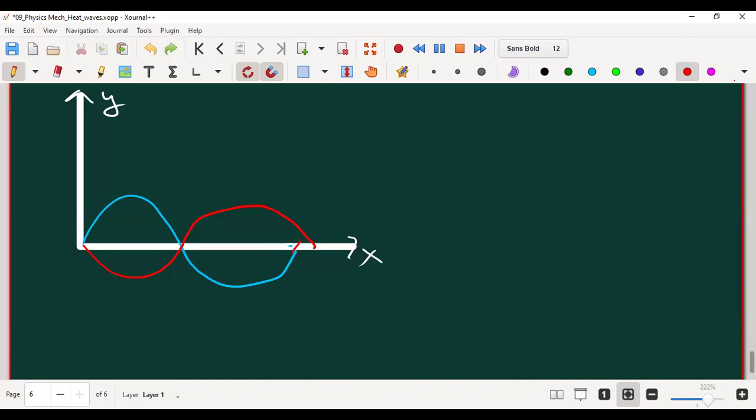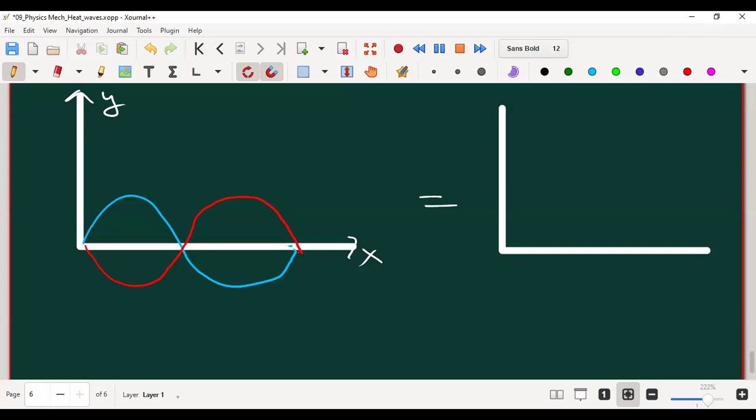This is the same amplitude, but different phase. So the result for this one is zero, right?